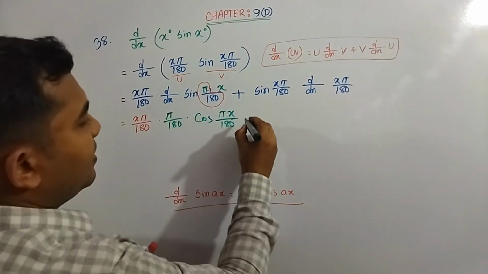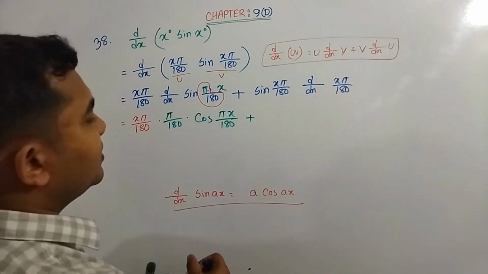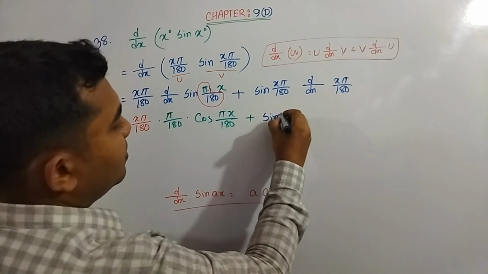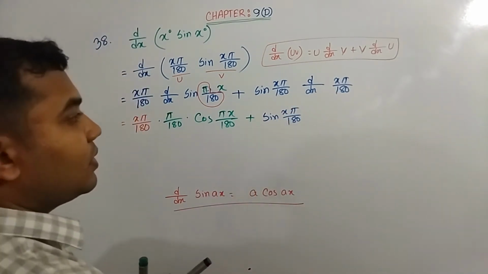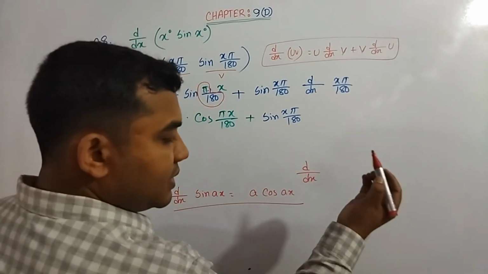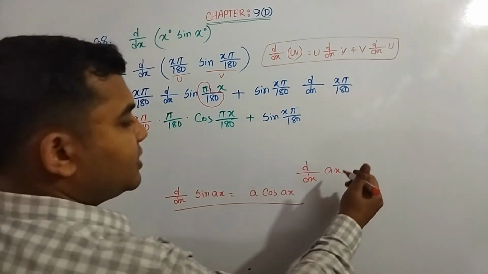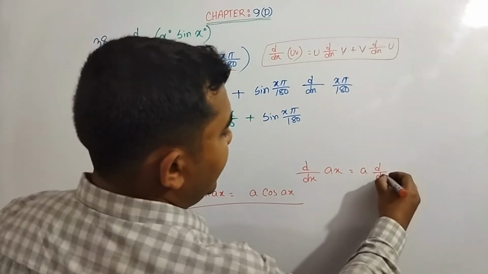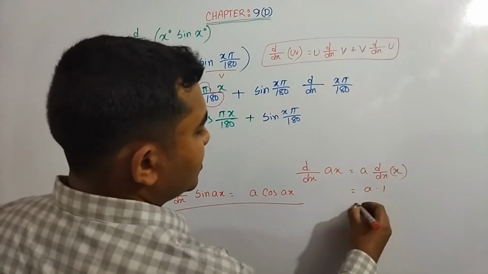then plus this part will remain the same, sin x pi by 180, but here we have already known that d/dx of, say for example, ax, since a is constant, a will come first, so a into d/dx of x, and we have already known d/dx of x is 1, so it should be a.